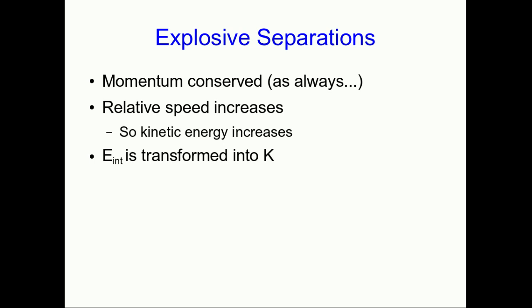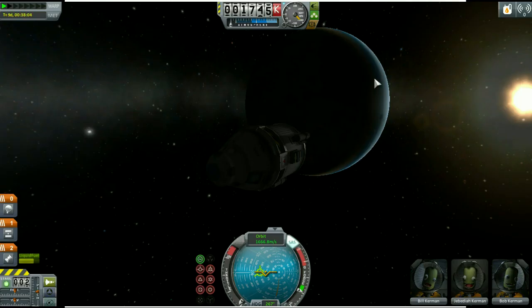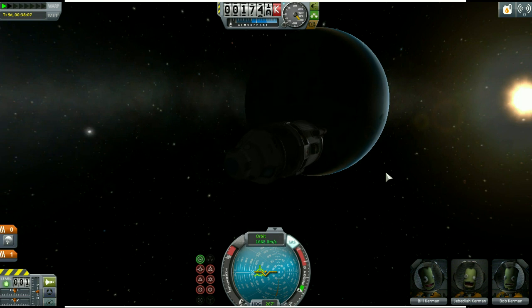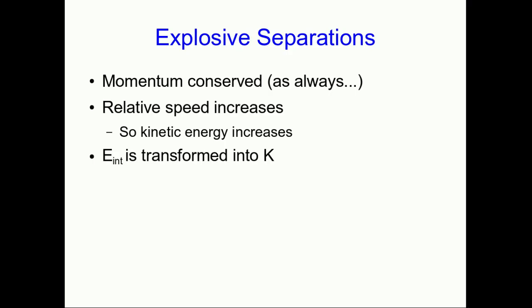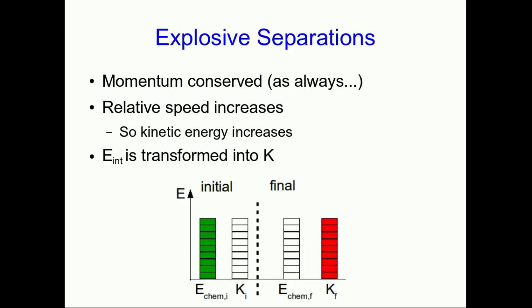My favorite type of explosive separation is a literally explosive one, because you do it with explosives. When you have two rocket stages and you need to separate them because, say, you're discarding a lower stage of your rocket, there are explosive bolts that go off to separate them and push them apart. So the energy here is chemical energy.